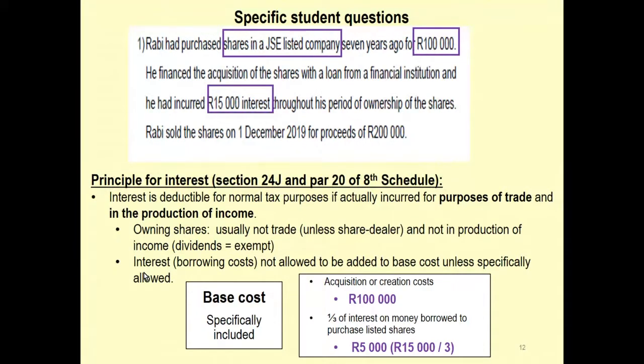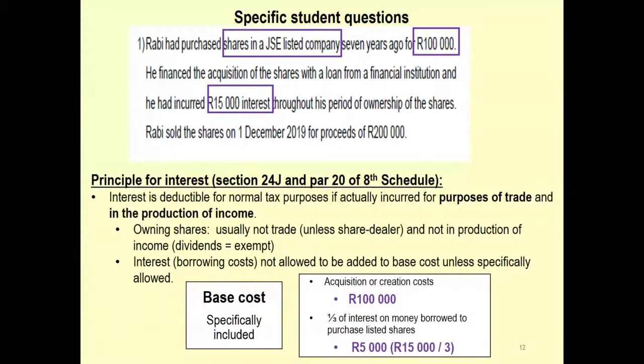So if I had incurred 15,000 Rand interest, and remember, nothing of this was deductible in terms of Section 24J or for normal tax purposes, because the moment you can claim something as a deduction for normal tax purposes you won't be allowed to add it to base cost anyway. But in this case, this guy wasn't allowed to claim that 15,000 Rand interest. And because it was incurred to purchase listed shares, paragraph 20 says you can add 1/3 of that interest to base cost. So if your total interest is 15,000 Rand, you can add 5,000 Rand.